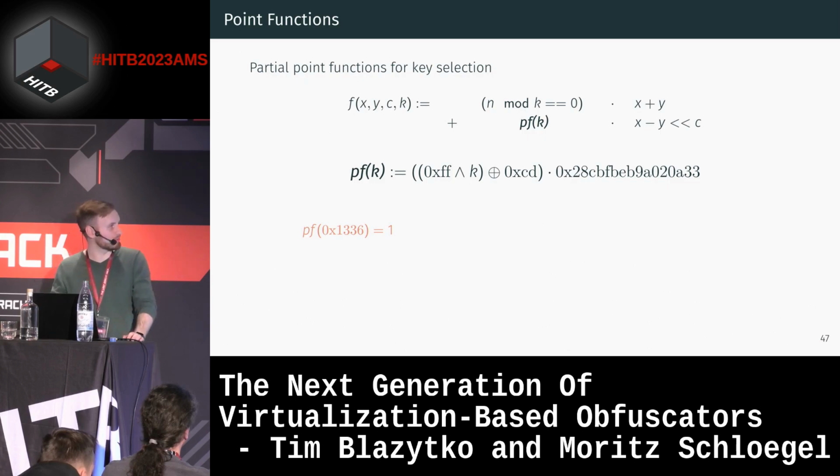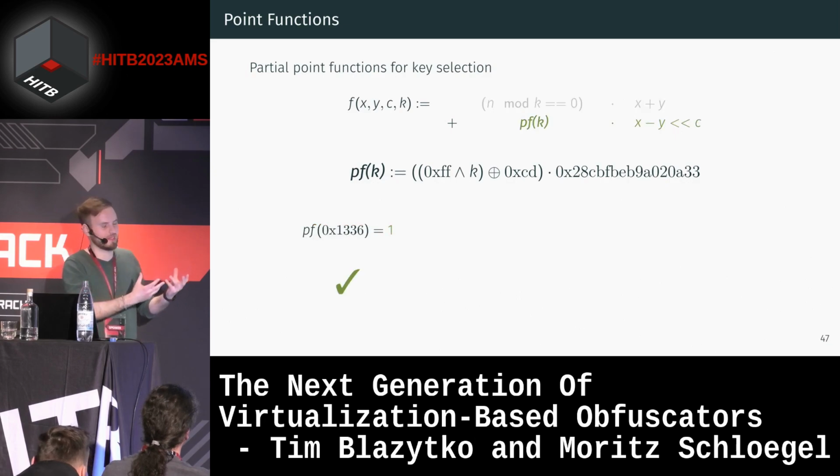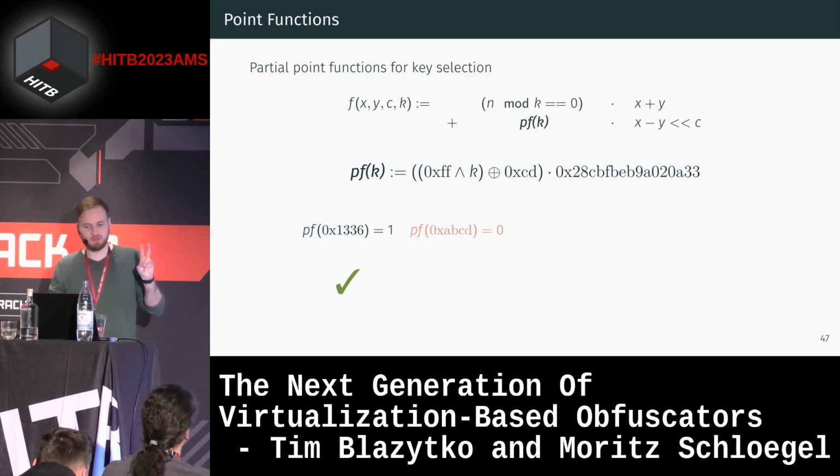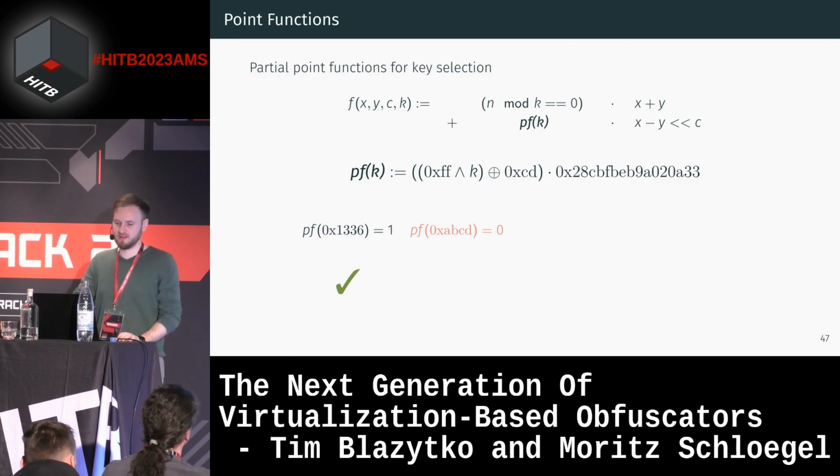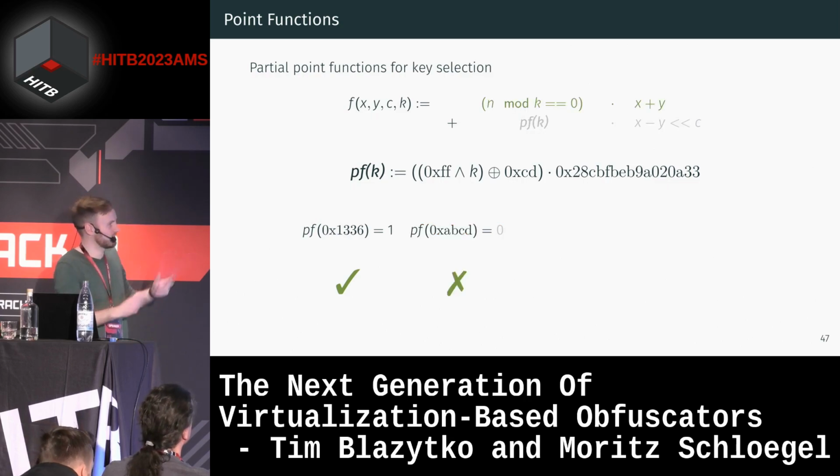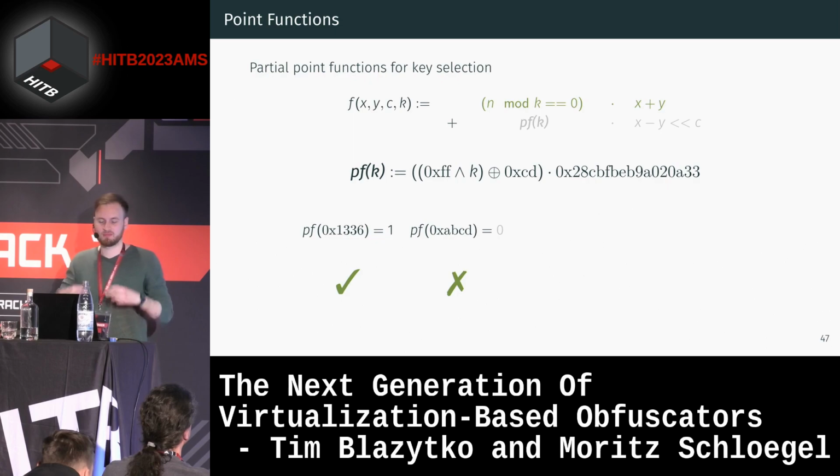So the key for the bottom instruction semantics is 0x1336, and that is so we can select the instruction semantics, right? And the second rule, the second constraint we impose is that for the key of the other instruction semantics, so the one on top, it must return 0. This way, it will cancel out and it will not impact the computation.